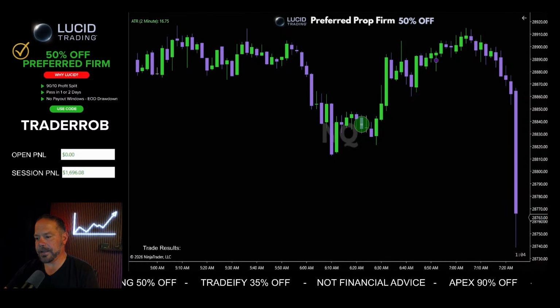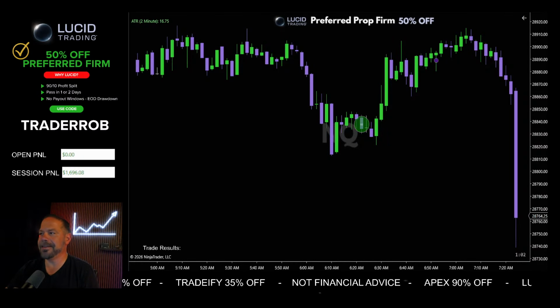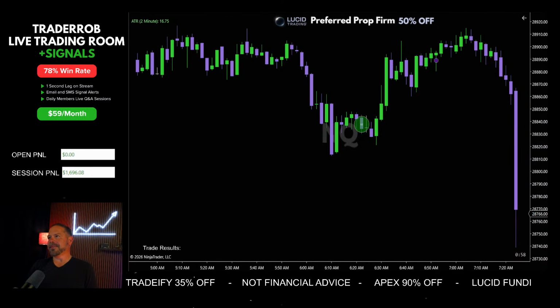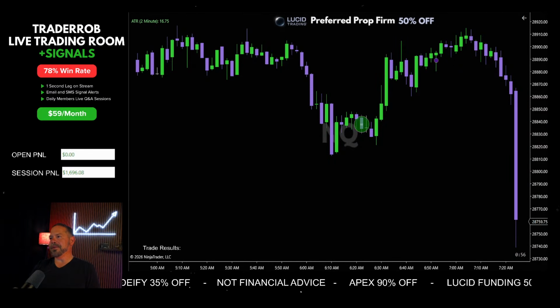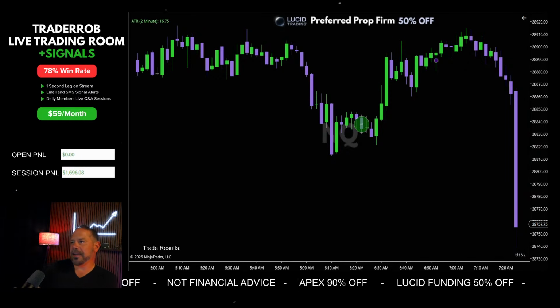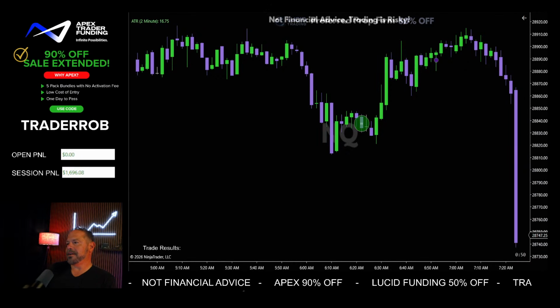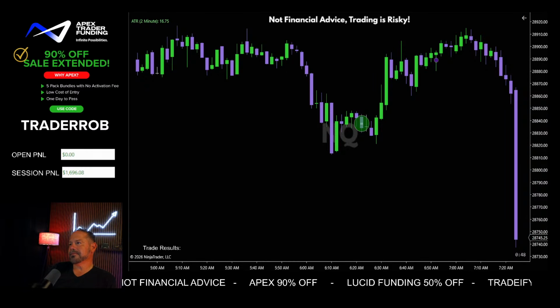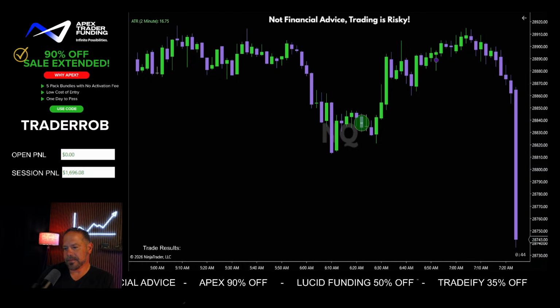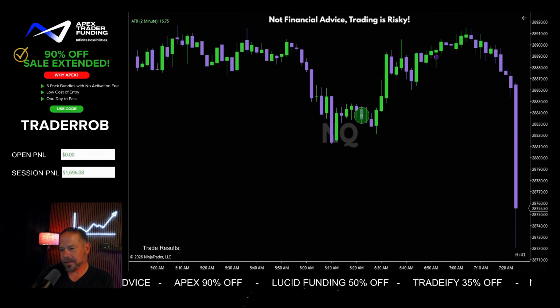Trump, the U.S. will be hitting Iran very hard tonight. There you go. There you go. And we're about 120 points on this candle, which again is going to throw off the entire ATR. U.S. will be hitting Iran.